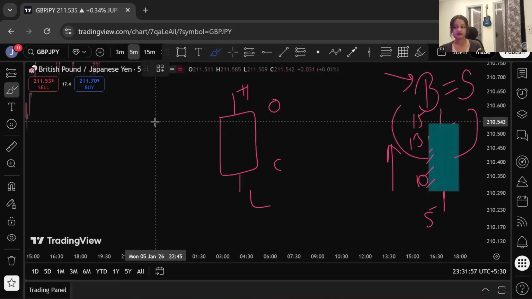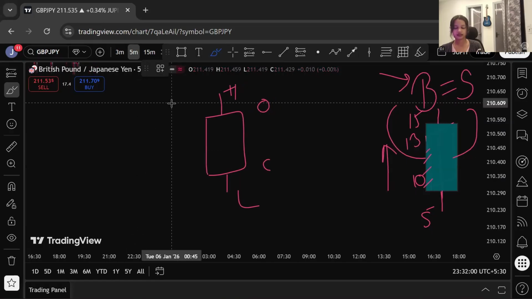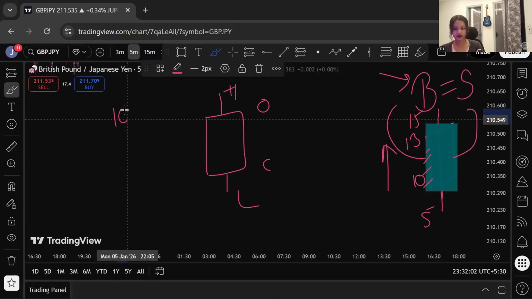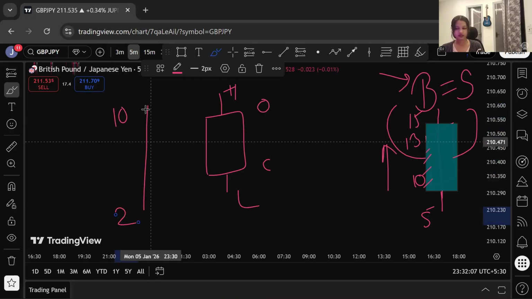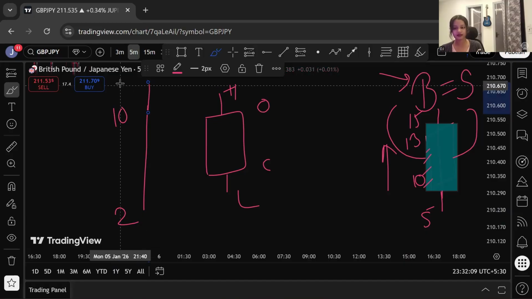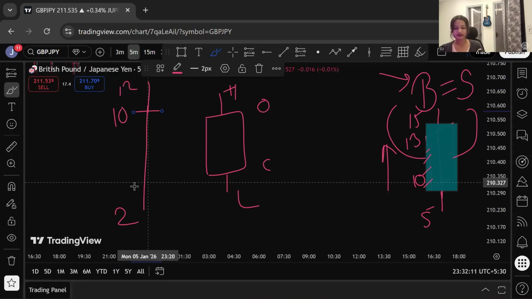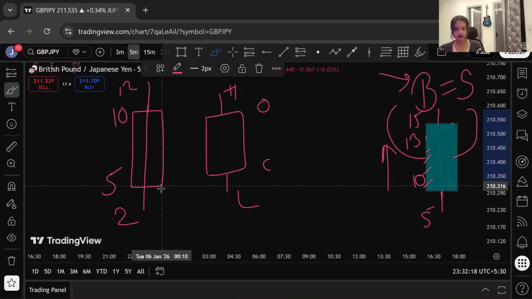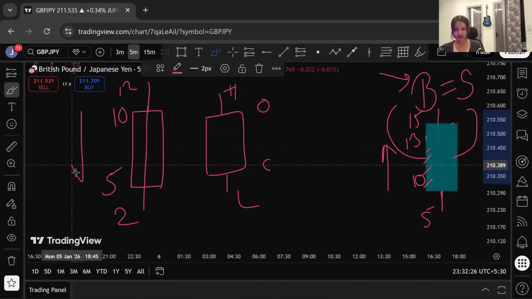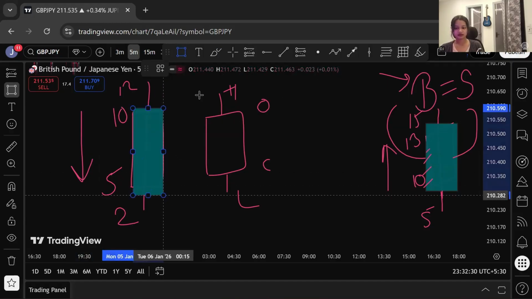In this candle, let's just say the price opened at $10, moved down to say $2, and then moved back up to $12, and then finally came back down and closed at $5. What happened here? The price opened higher and closed lower. The price went down, and that makes it a bearish candle.